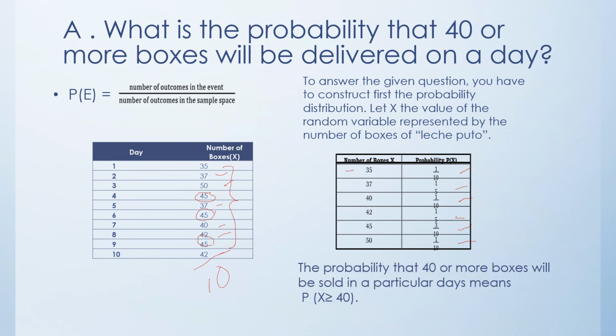The probability that 40 or more boxes will be sold in a particular day means the probability of X is greater than or equal to 40.